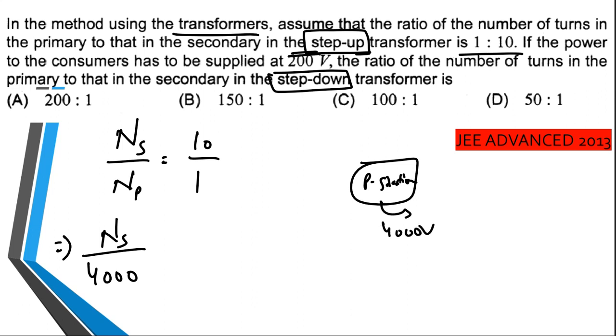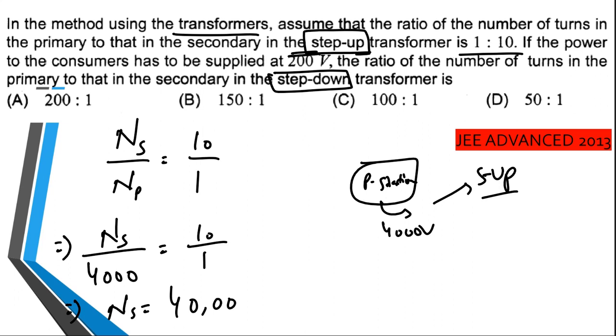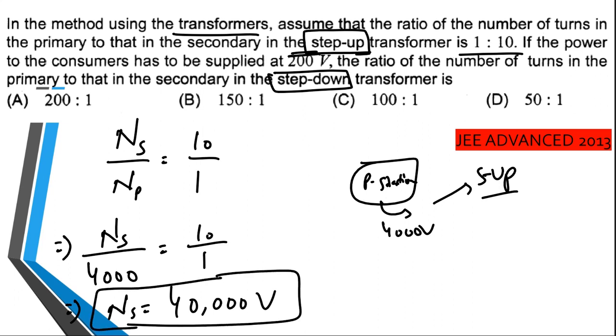We used a transformer to step it up. What will be the voltage after stepping it up? We are getting it equal to 40,000 volts. So after generating the power at 4000 volt at the power station, we first use the step up transformer and we are supplying the power now at 40,000 volt.